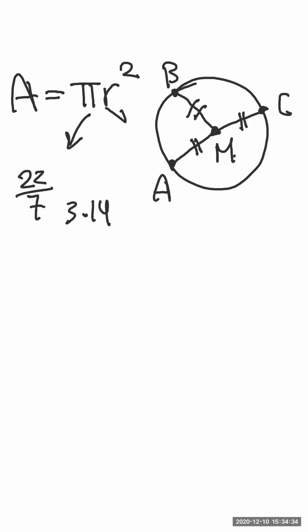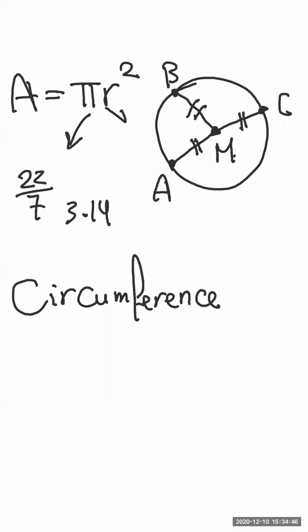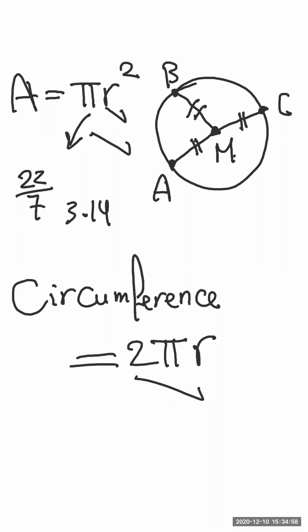What about the circumference? Circumference of the circle equals 2 pi R. Okay, guys, are we clear? So the area pi R squared, the circumference 2 pi R.